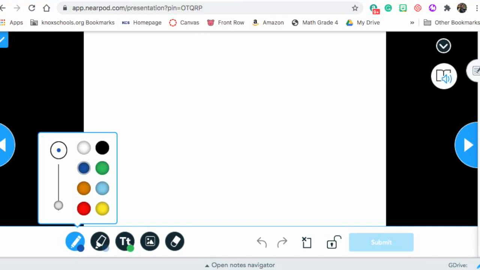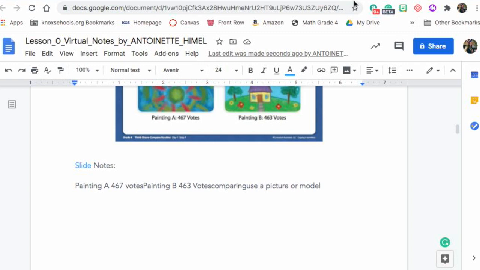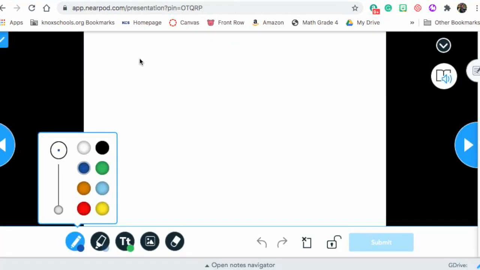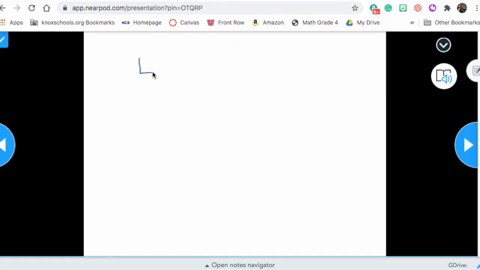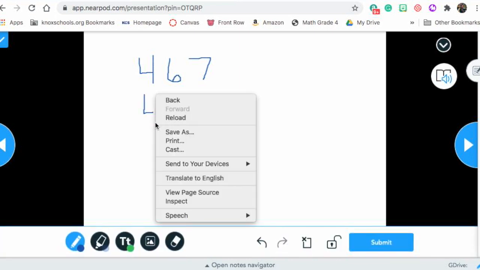I've forgotten my numbers already. Good thing I can go back to my notes. So I have 467 votes and I have 463 votes. Well, I know that when I'm comparing numbers, 467 and 463, I can look at the place values.